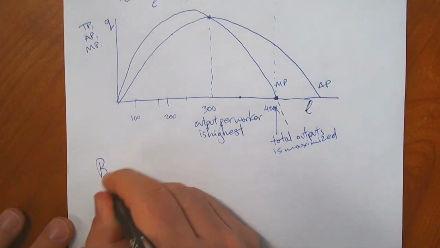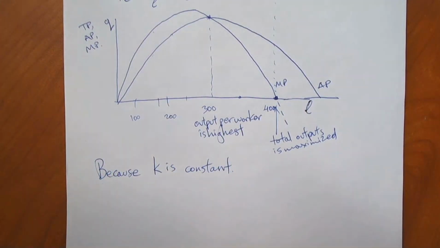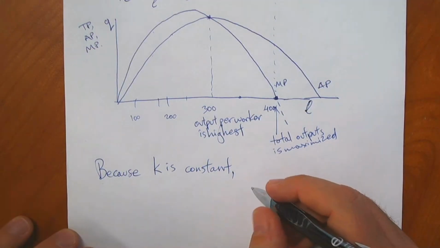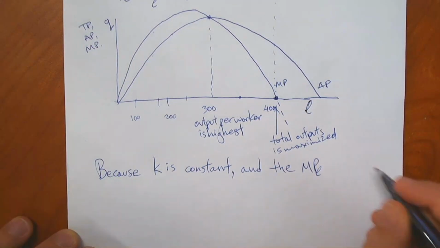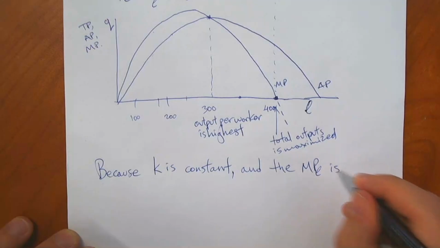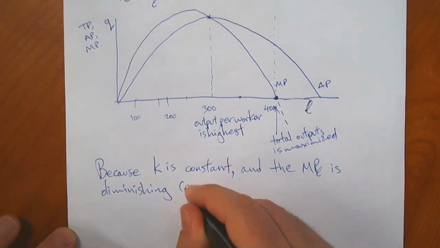I'm going to say, because k is constant, it doesn't matter what value we set it at, 1. We could have set it at any value. And the marginal product of labor is diminishing for the reasons that make sense intuitively and mathematically, given the functional form that we are employing. Eventually, right?